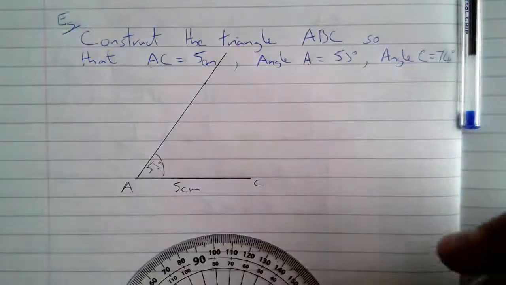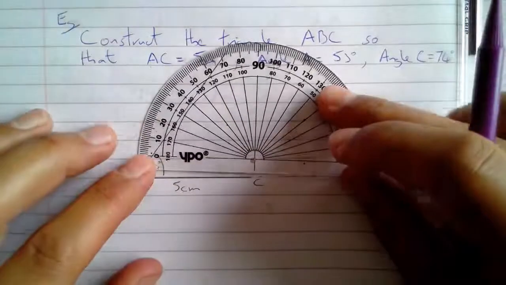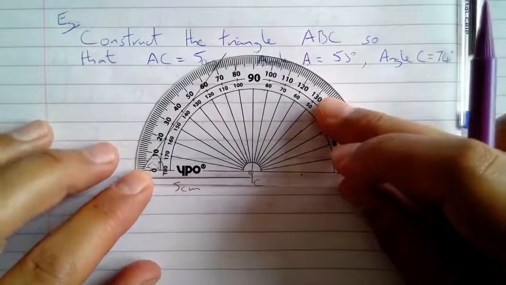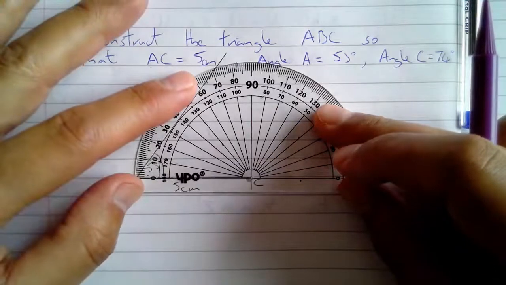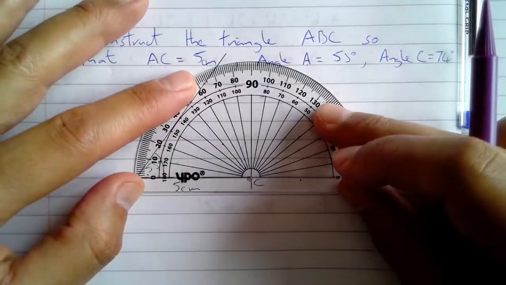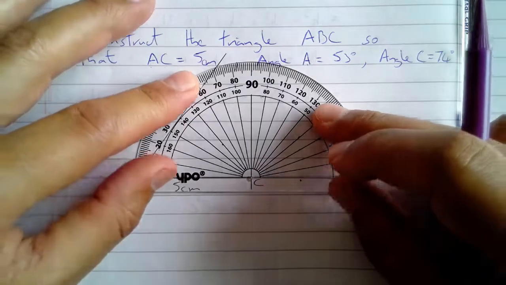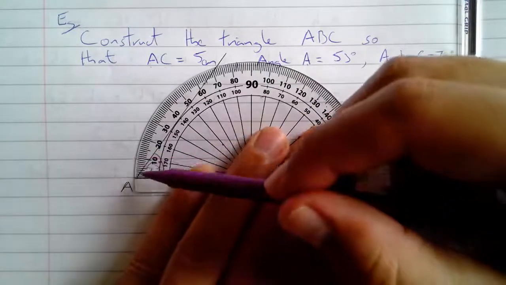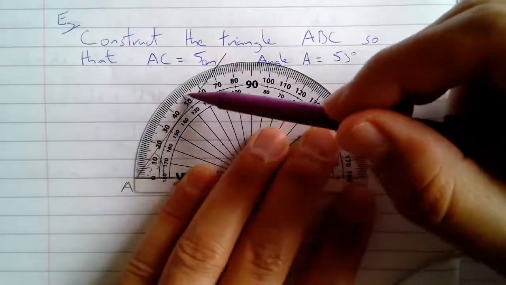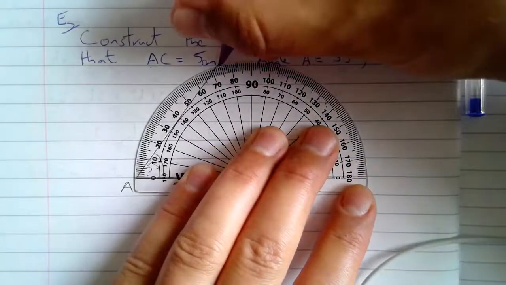Okay, angle C is 74, so I line the centre of my protractor up again on the end of the line and make sure that the 0 line is arranged correctly. And then I'm going to use the outer ring this time because it's clockwise. 10, 20, 30, 40, 50, 60, 70, 74 is there.